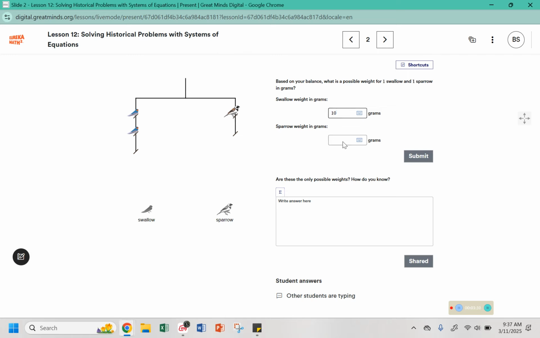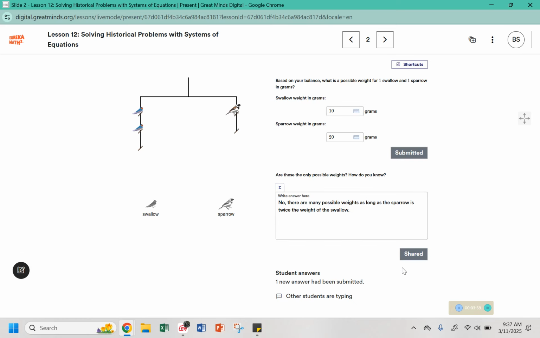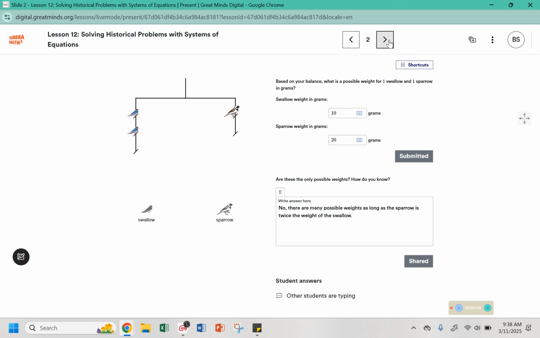So you might use something like 10 for the swallow and 20 for the sparrow, because 2 10s make a 20. You could use 15 and 30, 11 and 22.